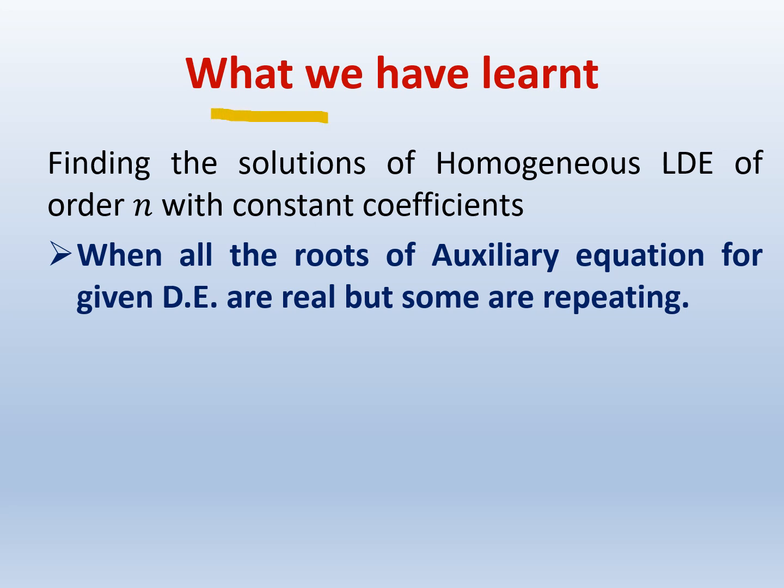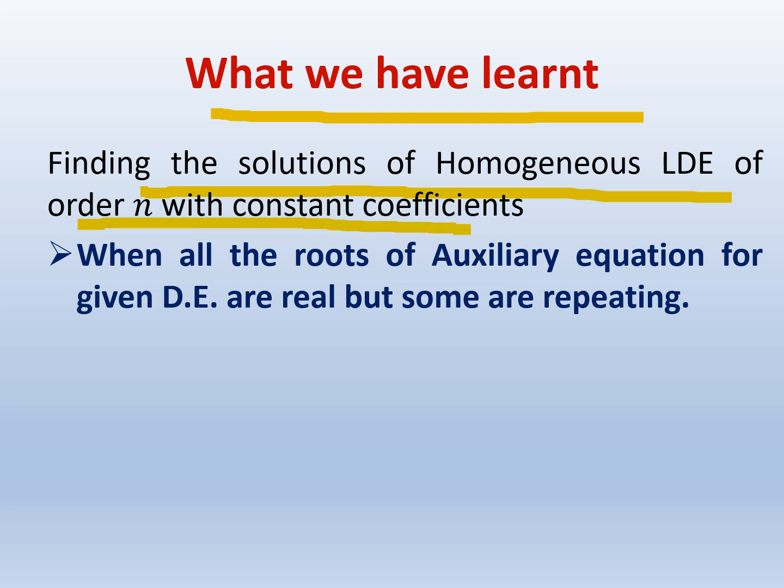Now let's see what we have learnt. We learned to find the solutions of homogeneous linear differential equations of order n with constant coefficients when all the roots of the auxiliary equation for the given differential equation are real but some are repeating.